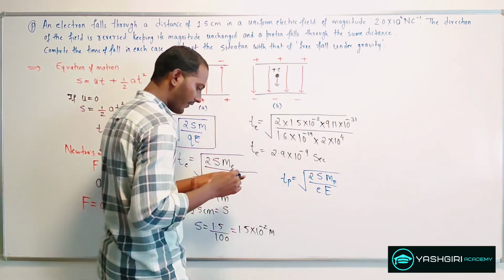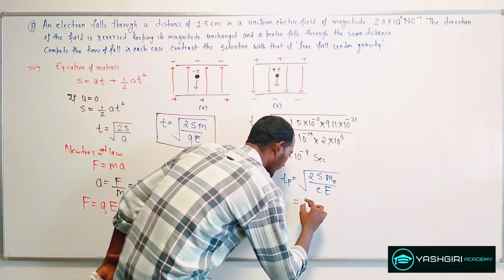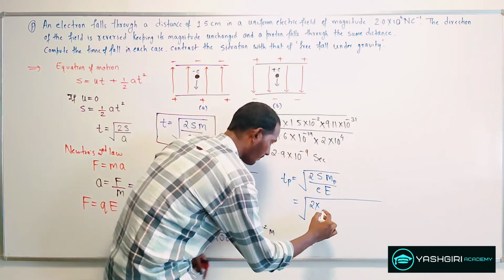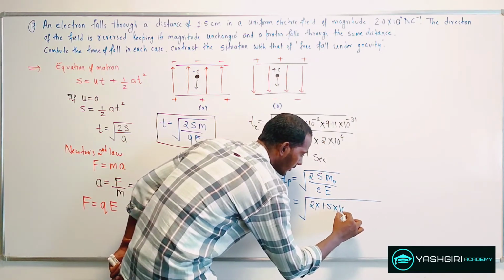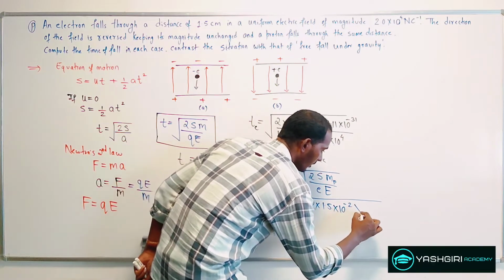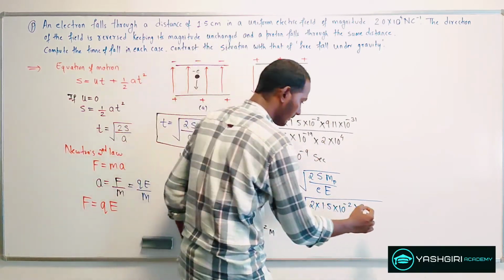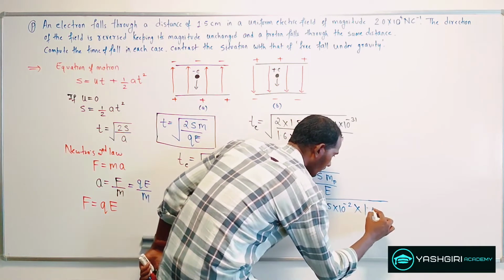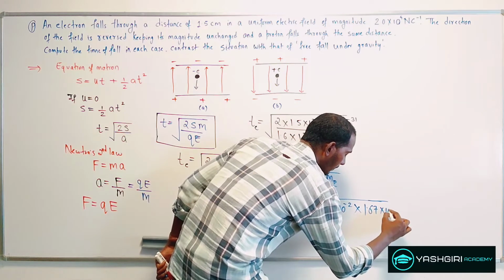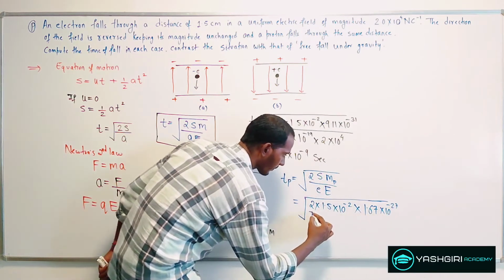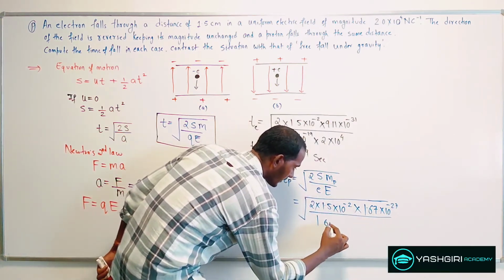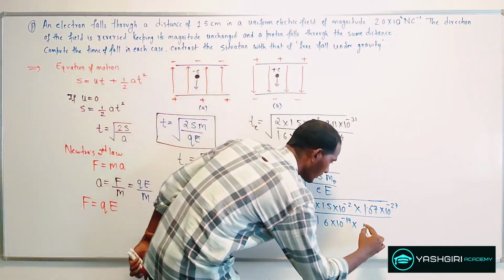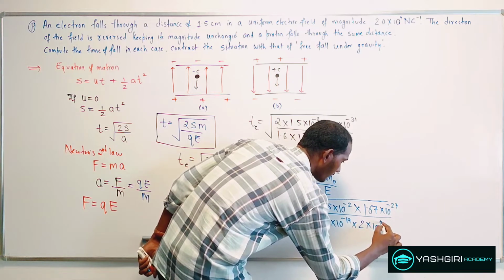So what I have is, I can just write 2 into 1.5 into 10 raised to power minus 2 meters. Mass of the proton is 1.67 into 10 to the power minus 27 kg divided by 1.6 into 10 raised to minus 19 into the magnitude, that is 2 into 10 to the power 4.